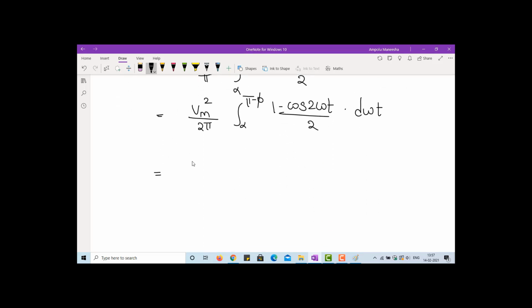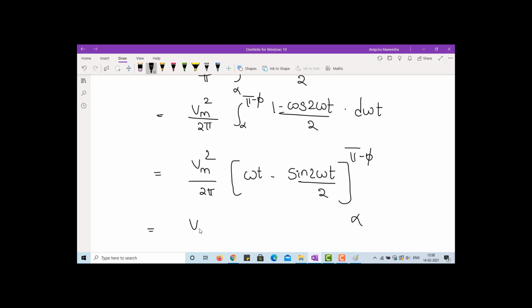So Vm square by 2 pi, the integration of 1 is omega t, minus the integration of cos is sin 2 omega t by 2, with limits alpha to pi minus phi.